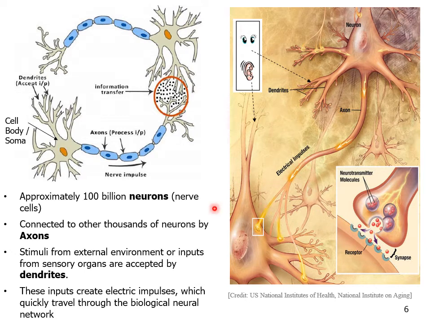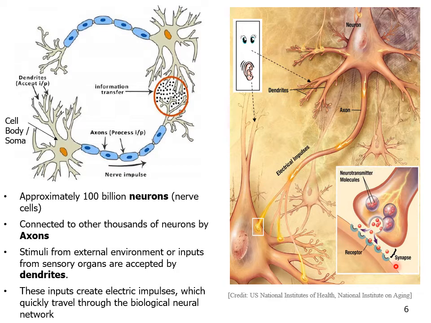A neuron can send a message to other neurons. Thus, the output from one neuron feeds into the input of another neuron through the synaptic connections. Please look at this figure.